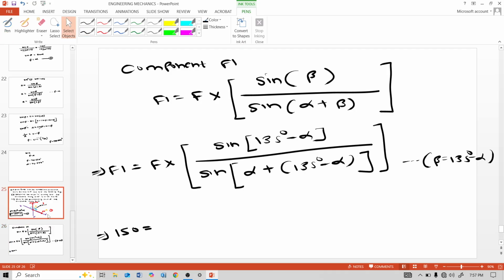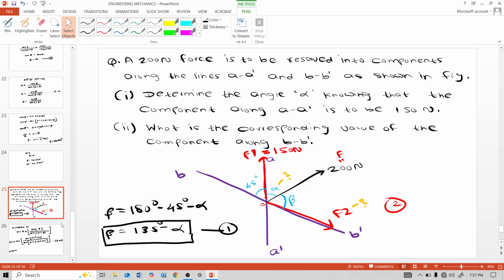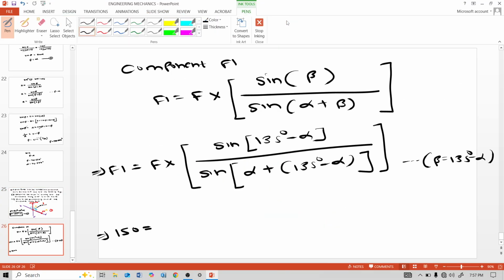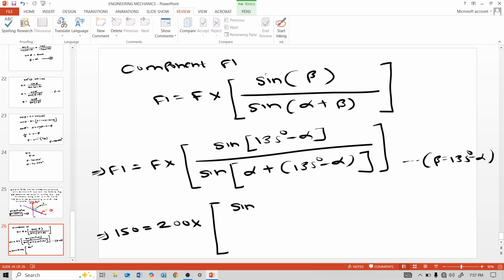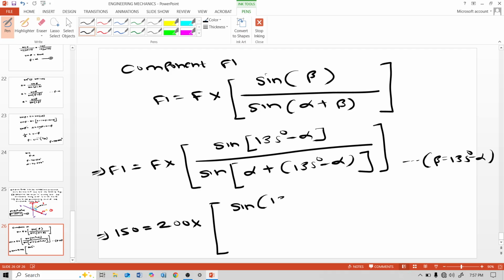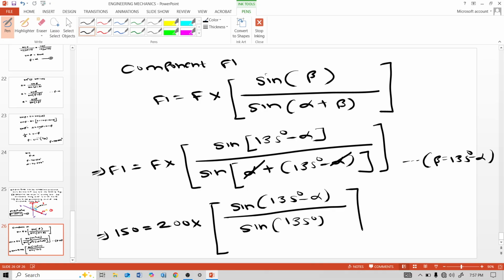So 150 Newton is equal to F, 200 Newton, multiplied by sine of 135 degree minus alpha upon, see, this alpha will get cancelled because this is plus alpha and this is minus alpha. So remaining only sine of 135 degree.